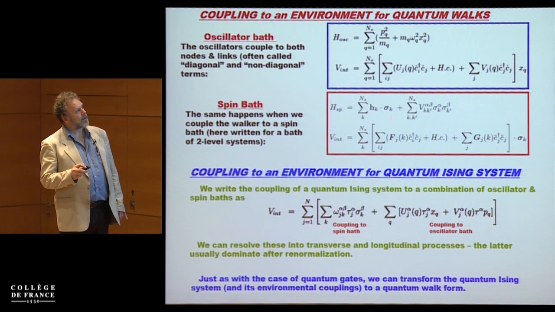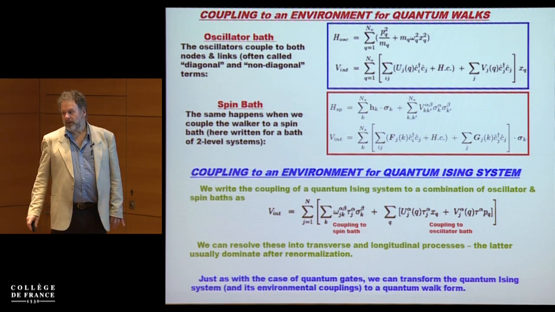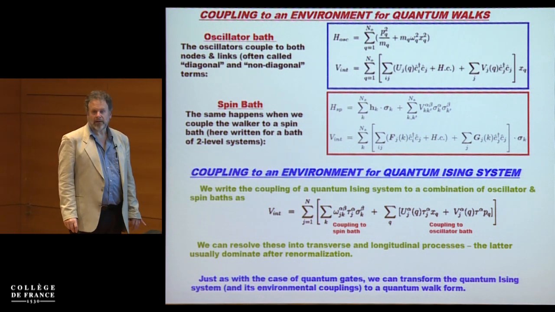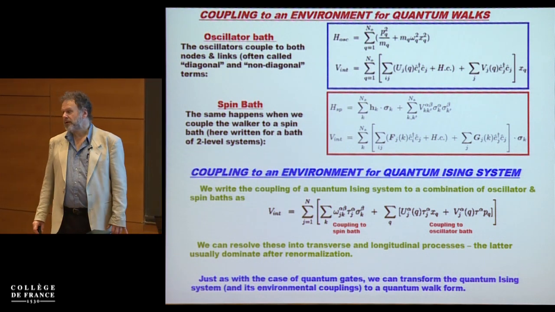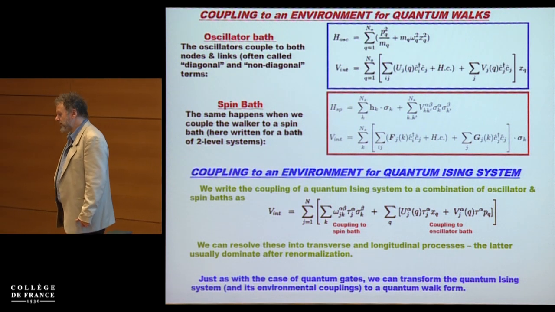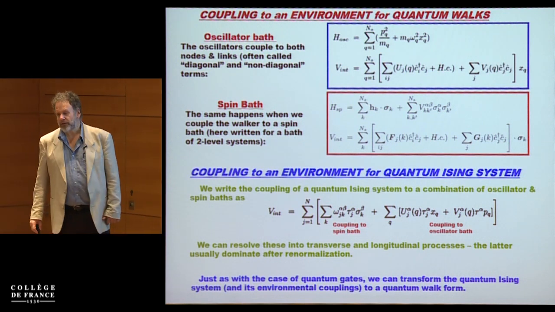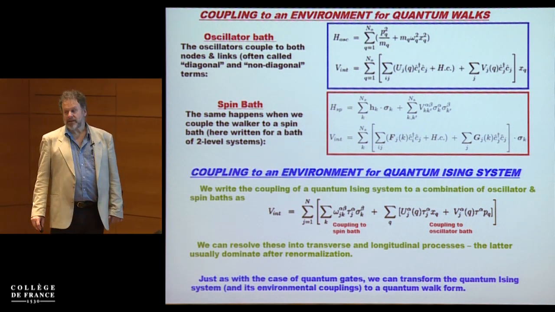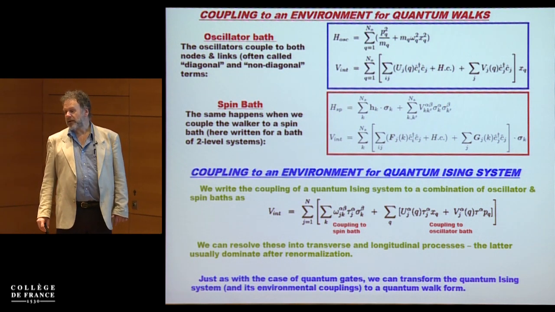In the case of a spin bath, well, I'm choosing two-level systems here, so I have a set of Pauli matrices for each of the bath spins, and there will be some local field on this. In reality, as I explained, these could be defects, they could be electric or magnetic objects, they could be nuclear spins, paramagnetic impurities, and so on.